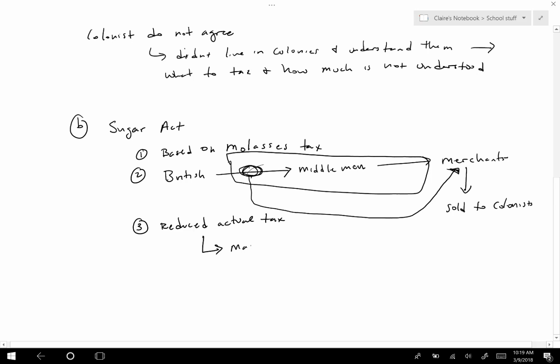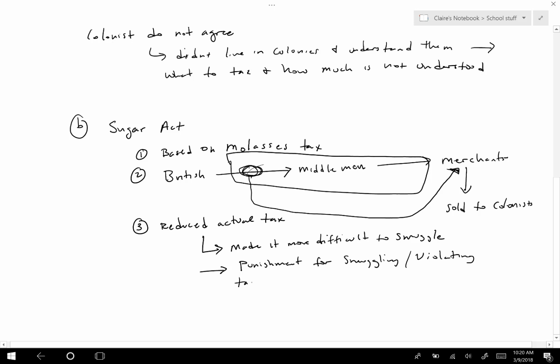So they made it more difficult to smuggle, and they made the punishment for violating taxes, for smuggling, harsher and more likely to get in trouble.